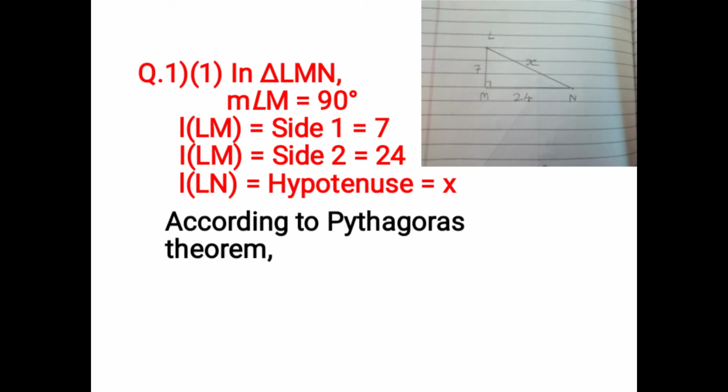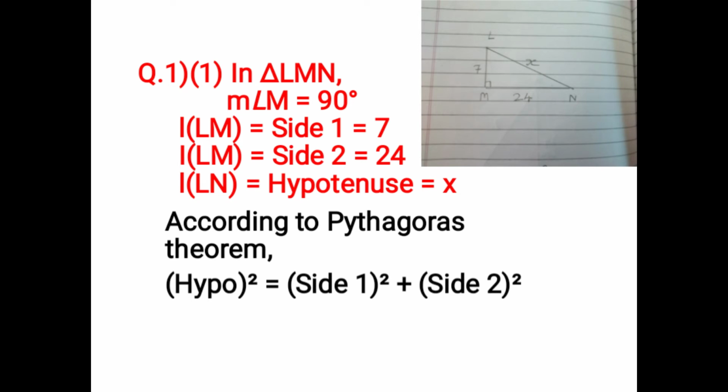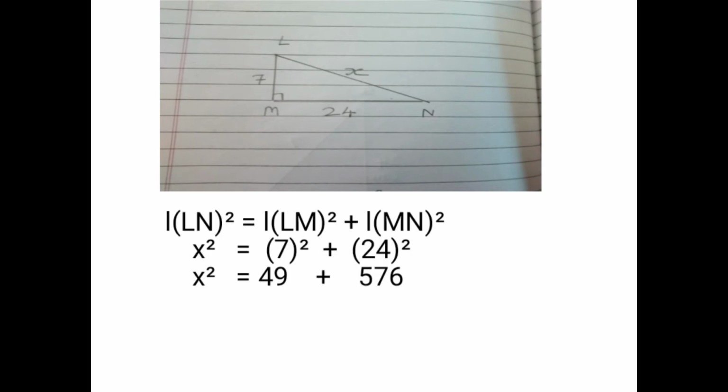According to Pythagoras theorem, hypotenuse square is equal to side 1 square plus side 2 square. This is the formula. You have to write this formula in your notebook and remember this formula. Length of LN square is equal to length of LM square plus length of MN square.